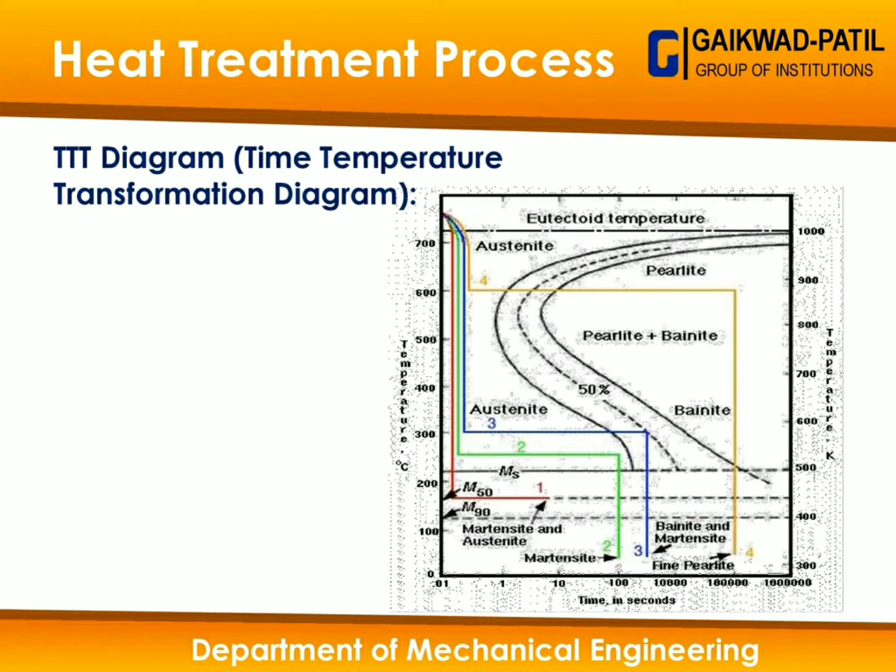When the gamma austenitic phase is allowed to cool down and then kept for a longer period of time in isothermal condition, we will get pearlite, the soft crystals, right? In another case, another sample of gamma austenite is cooled down fast up to around 300 degrees centigrade and then kept in an isothermal condition, and then we will get a bainite phase, right?